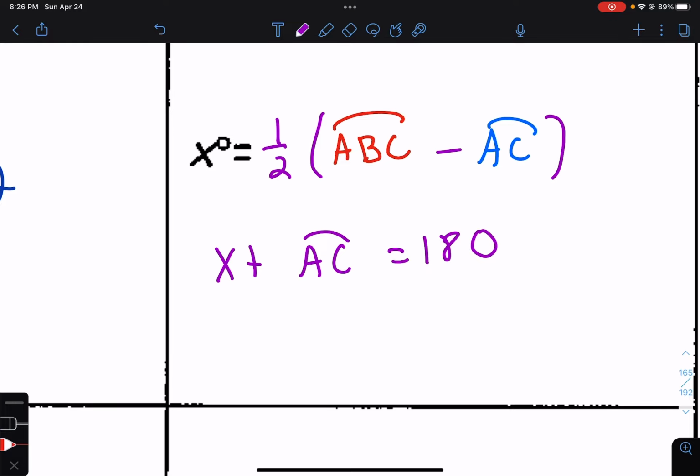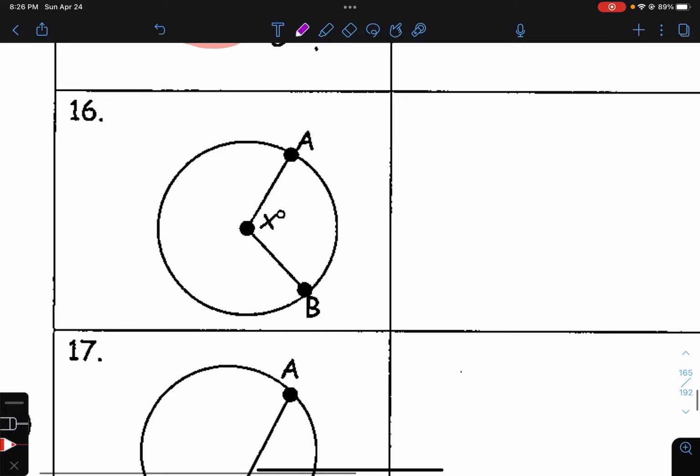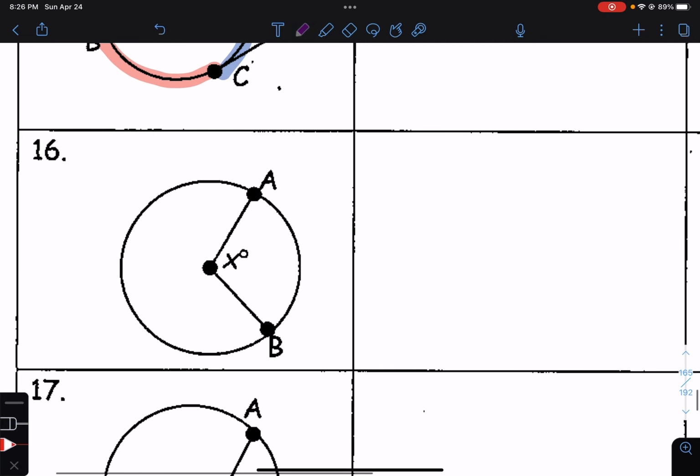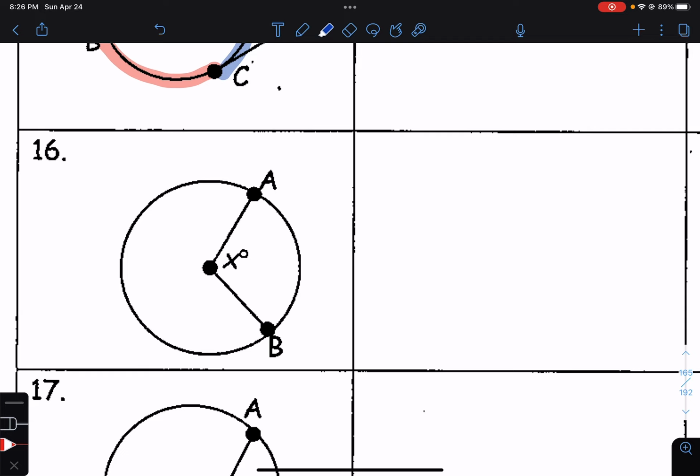All right, next, if we look here, we've actually seen this before. This is called the central angle. You can see here that the vertex of the angle is at the center of the circle.